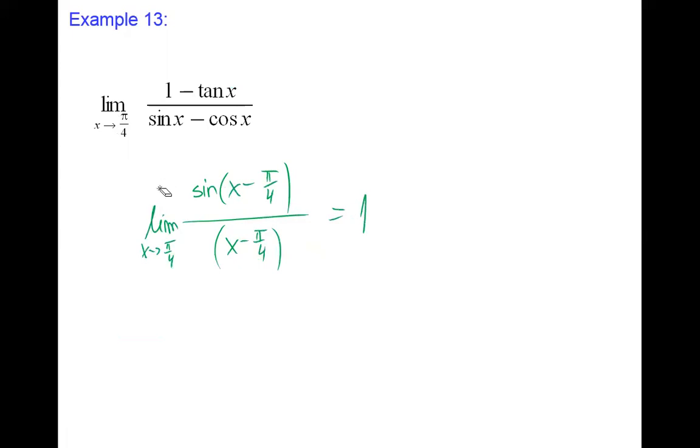Okay, we can nicely see this. But I will erase this, and we have a totally different thing. Let's try direct substitution. Tangent at 45 is 1. 1 minus 1 is 0. Sine at 45 and cosine at 45 have the same value, root 2 over 2. If I subtract, I get 0.